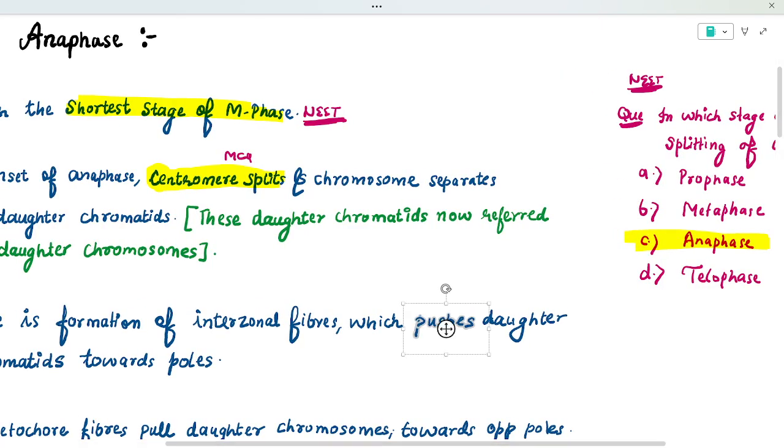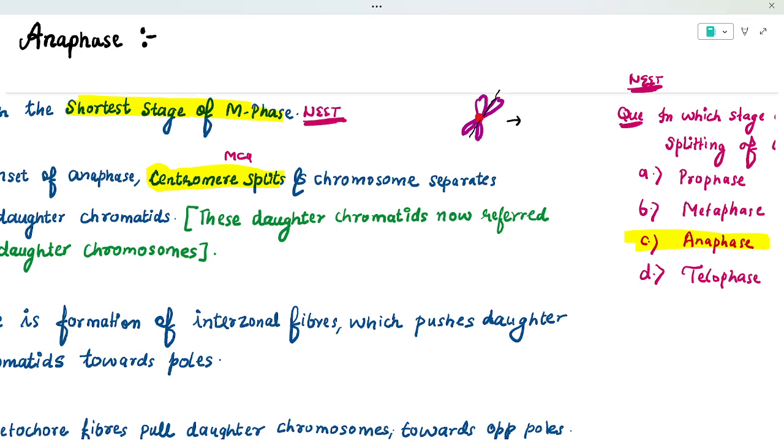After splitting, what will happen? Chromosomes separate. See what is happening here. This is one chromosome having two sister chromatids, and this is the centromere. If it breaks, these sister chromatids get separated from each other.